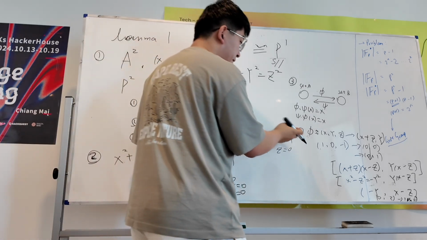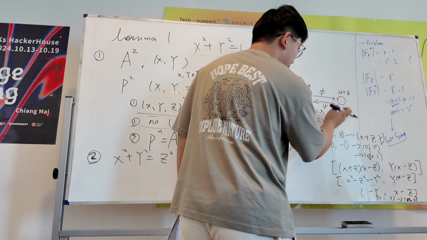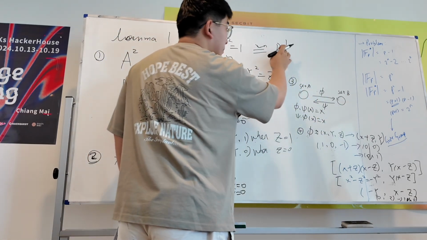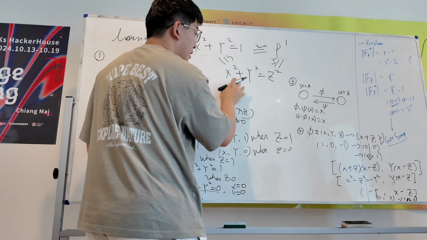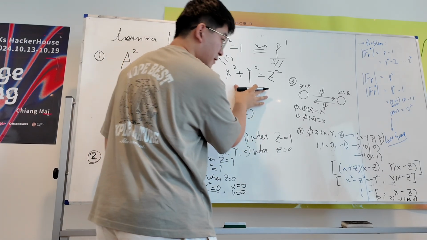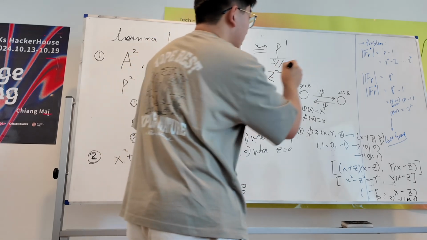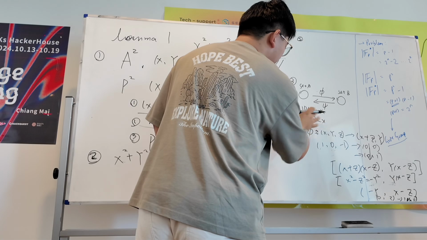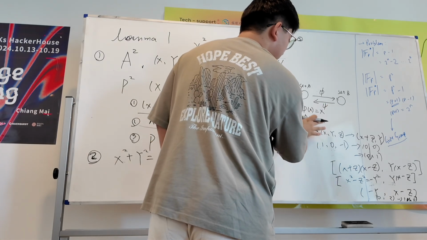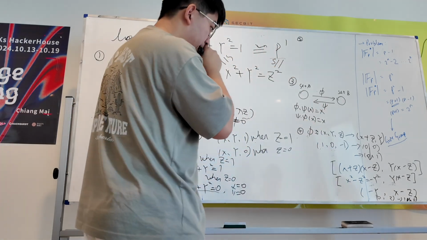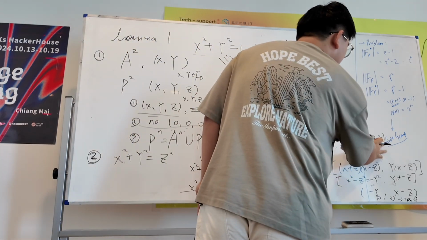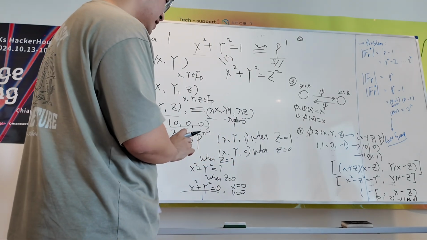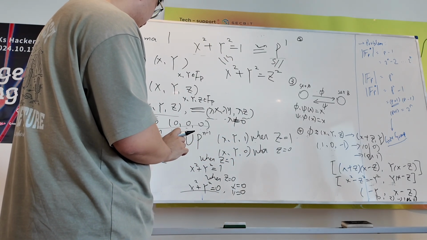Okay. So next we can find another map from side B to side A. It's the map from P1 to the curve x squared plus y squared is equal to z squared. How can we find a psi to satisfy this equation? We just put the symbols into the equation.